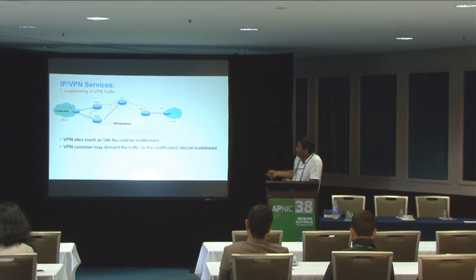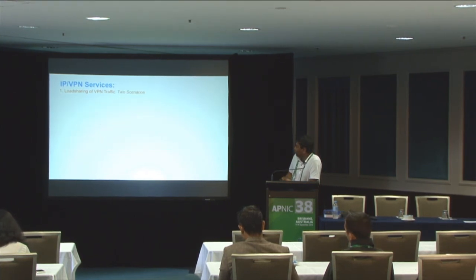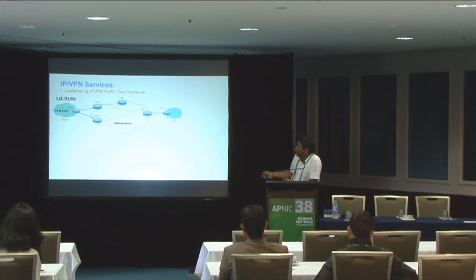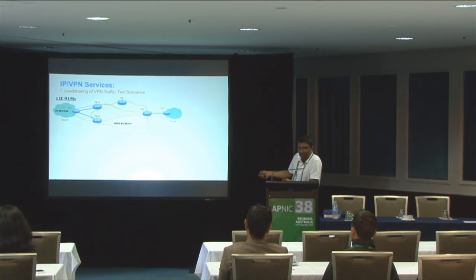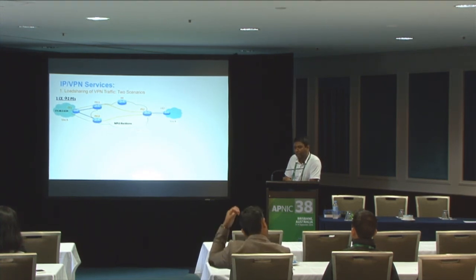And there is another site of the same customer on PE2. Since the central site has more than one connection, how will we do load sharing among those two connections? Did you get that point?